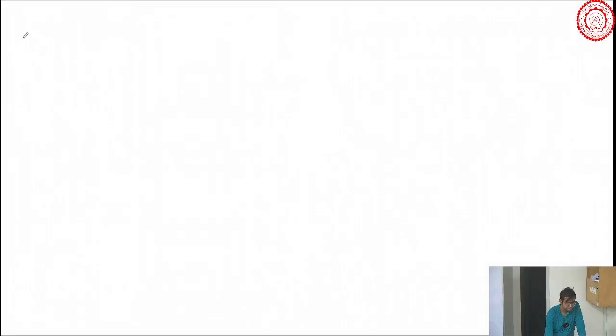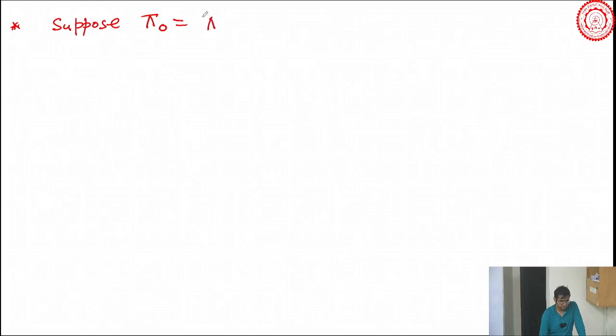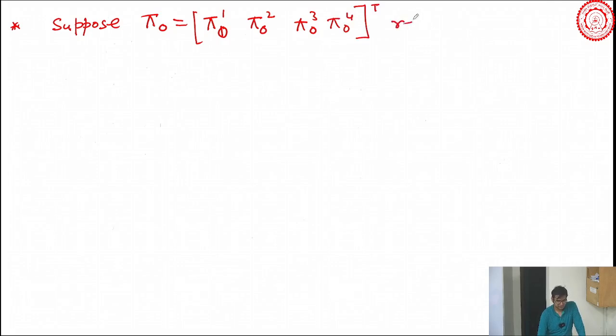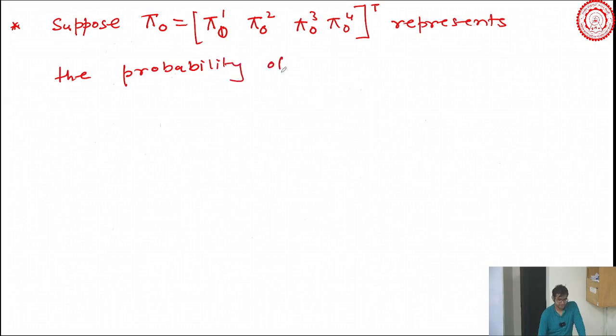So suppose pi naught is equal to pi naught 1, pi naught 2, pi naught 3, pi naught 4, transpose, represents the probability of states at t is equal to t naught.